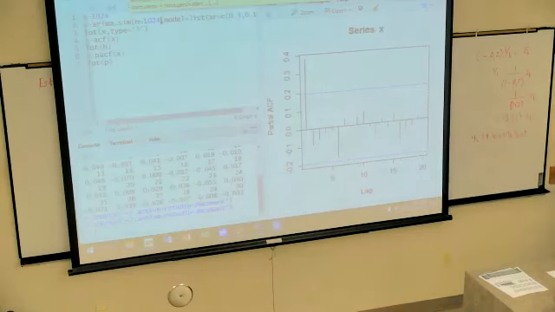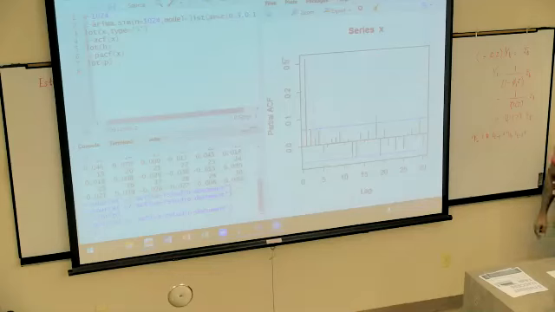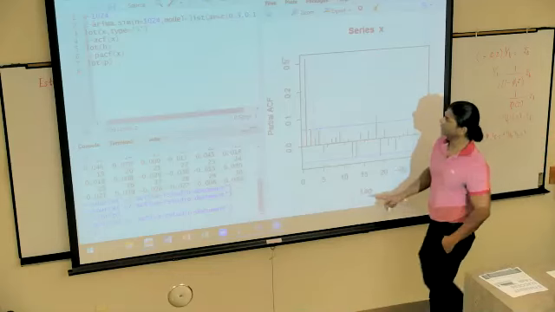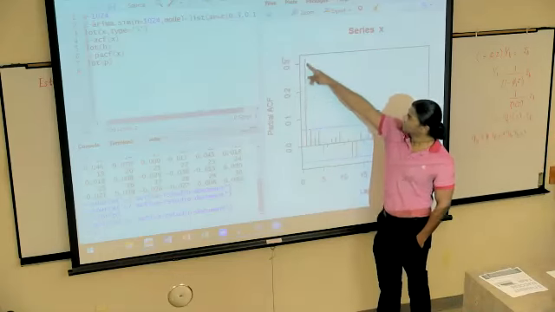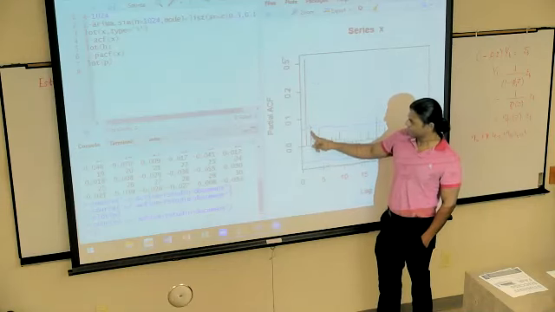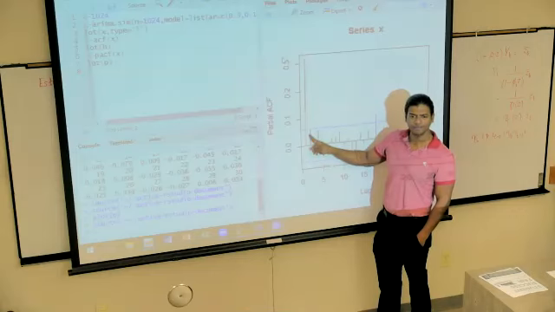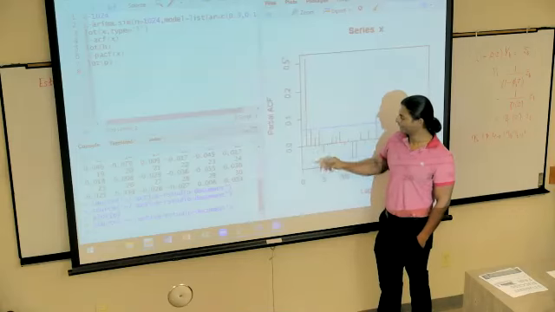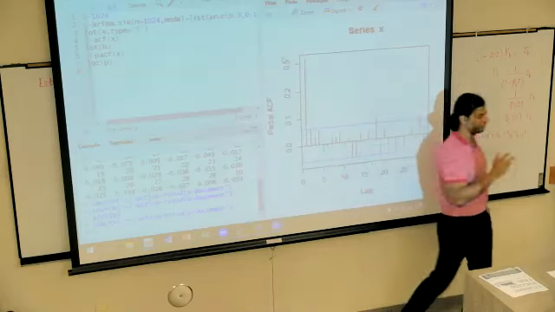Now I have two coefficients, 0.3 and 0.1. And that's what I get. So at 0.3, I get a value. The 0.1, the next one is very borderline, so it could be significant.